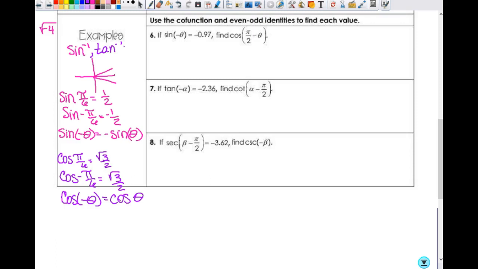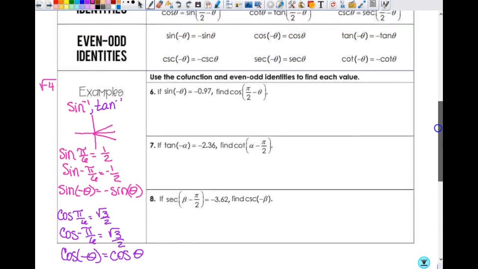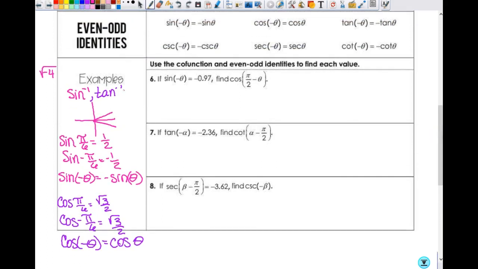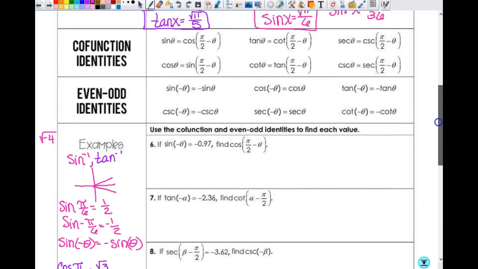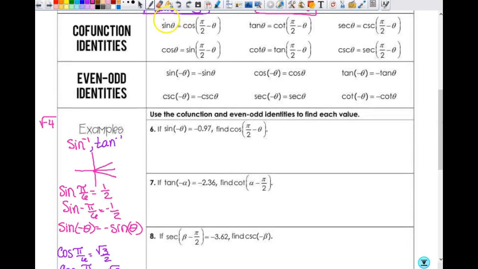So let's look at number 6. It says, if the sine of negative theta equals negative 0.97, we want to find the cosine of pi halves minus theta. Well, we know that the cosine of pi halves minus theta equals sine of theta, right?